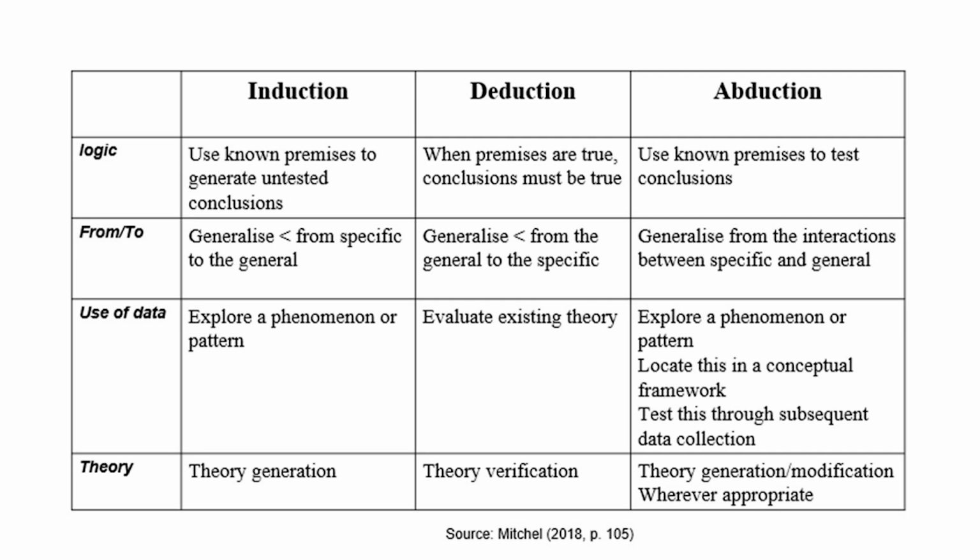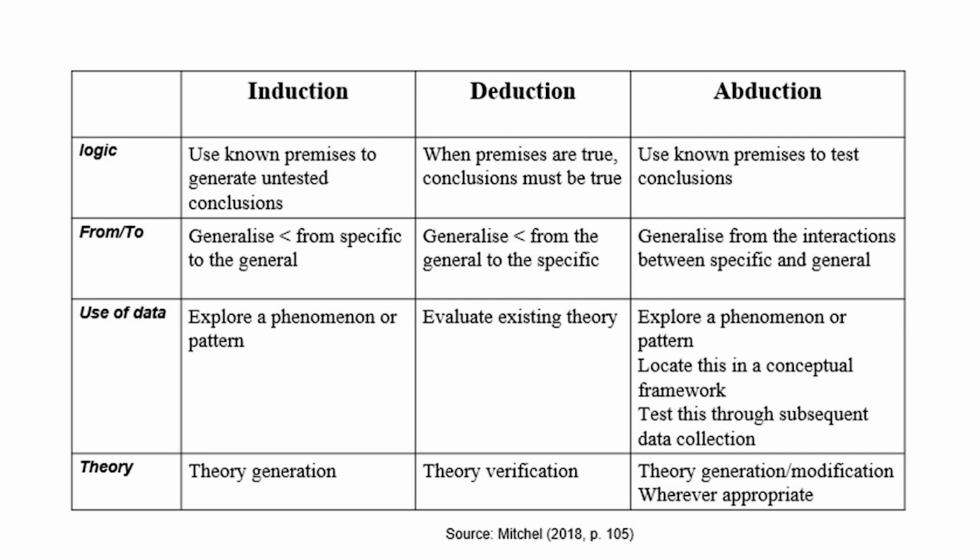Four different parameters I have mentioned on the left, starting with logic to theory. In induction, which we use in qualitative studies, we use the known things and try to come to conclusions without doing any kind of test.